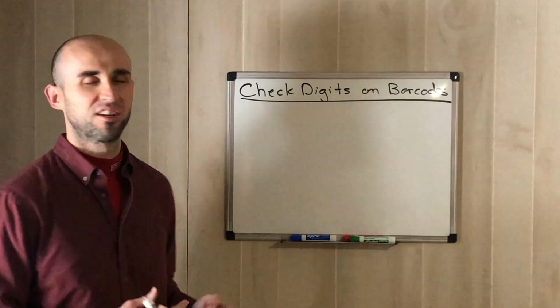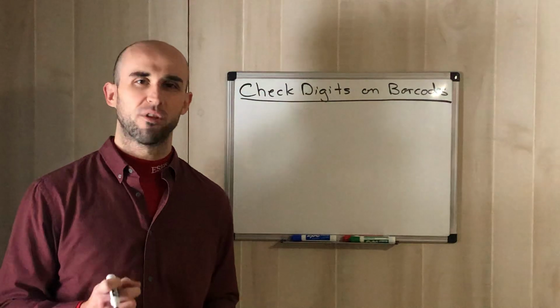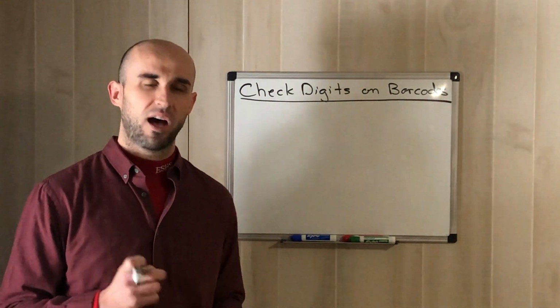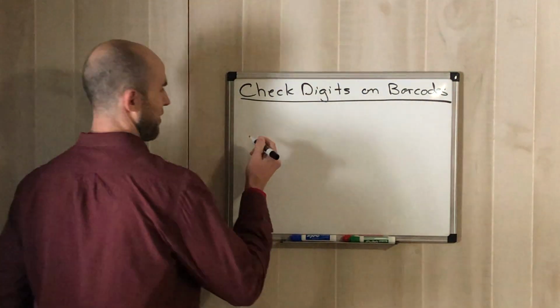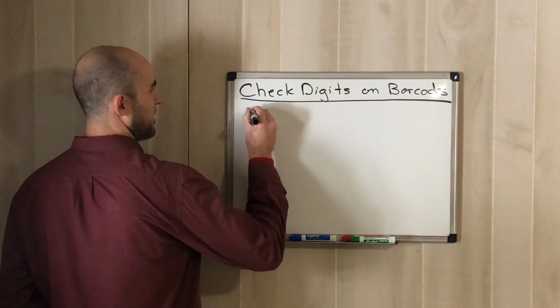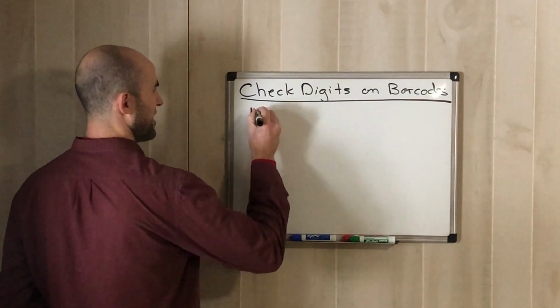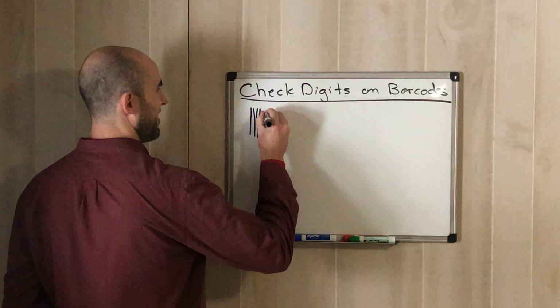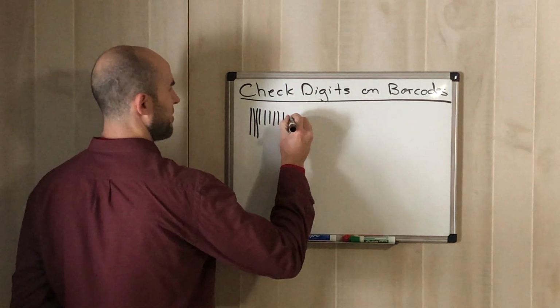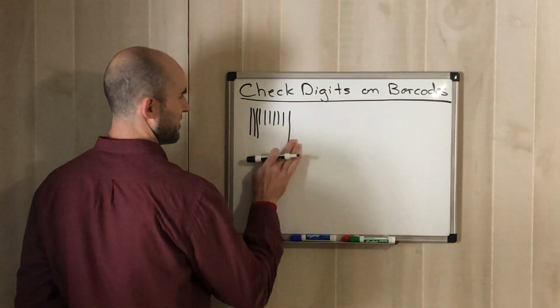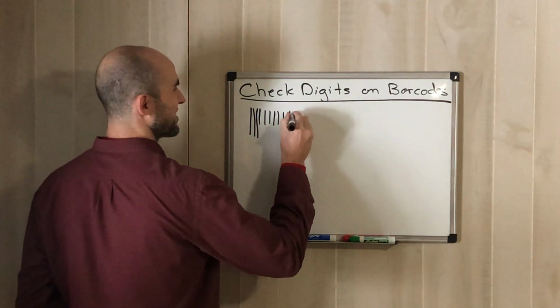Now, a check digit is this number that's on a barcode on a UPC. If you ever look at a product, let me try my best to draw it, and sorry that it doesn't look as good as it should.